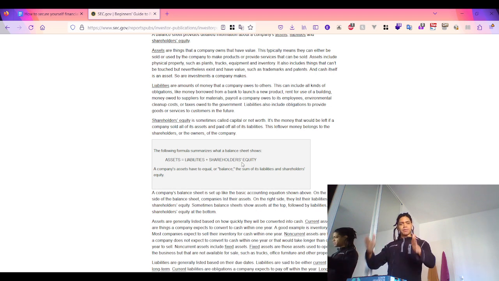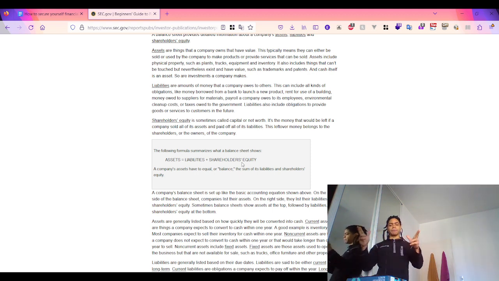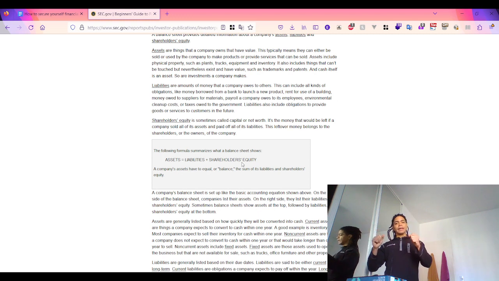And this statement is generally listed following a formula: assets are equal to liabilities plus shareholders' equity. You can find that in this layout, or in another format, like all the assets listed at the top, followed by the liabilities and the shareholders' equity.